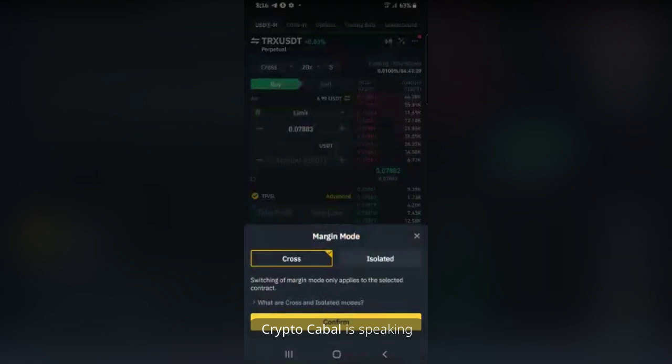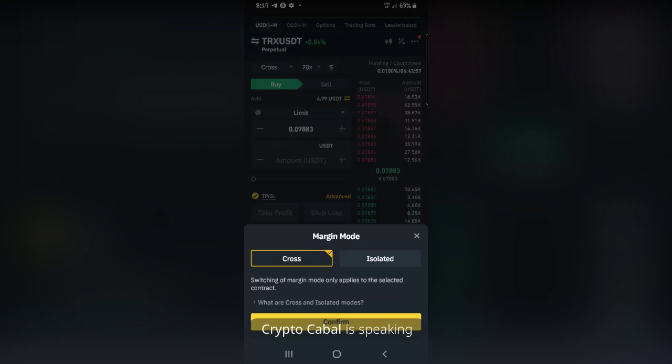This cross margin would enable the trades to be entitled to your whole futures wallet balance. That means the trade won't only take the $3 you are risking. If the trade starts going against you, it will start minusing out of your available balance so as to hold on to that particular position for a long time, until all your balance is exhausted.